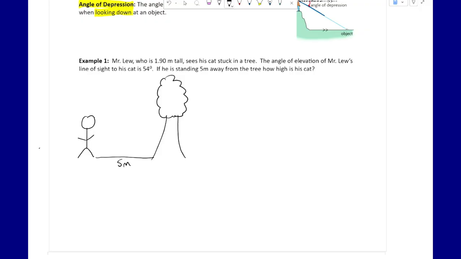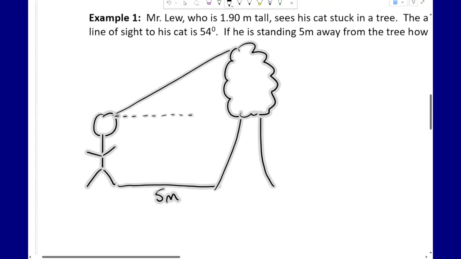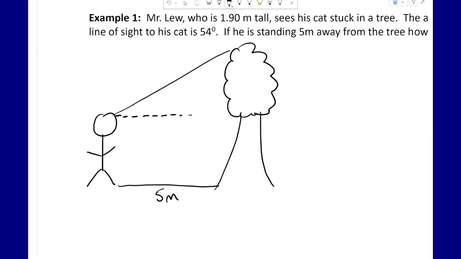From my line of sight, there's an angle of elevation of 54 degrees, and my line of sight is going to my cat who is stuck in the tree. I'm going to draw in the horizontal here so we have a good understanding of where this angle of elevation is actually occurring, because it's not going to be from the bottom, it's going to be from my line of sight. Then we have our angle of elevation upwards from that line of sight.